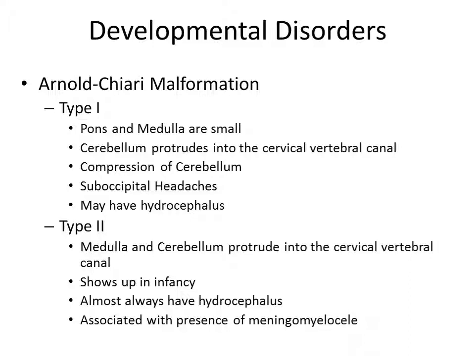It may result in hydrocephalus, which is a blockage of cerebral spinal fluid. It's almost always associated with headaches in the suboccipital region, and it can be associated with cerebellar signs. And when we talk about the cerebellum in Unit 3, you'll have a good sense of what those different signs and symptoms could be.